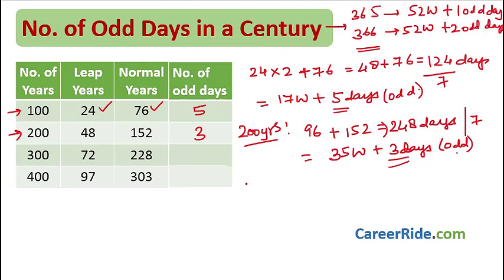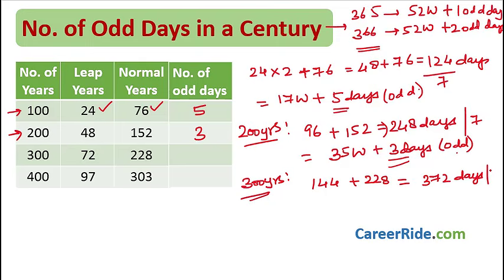Now what happens if I have a period of 300 years? I'll go in a similar way, right? So I have got 72 leap years. These can be converted into 144 odd days for these leap years plus 228 odd days for the normal years. This is equal to 372 days.